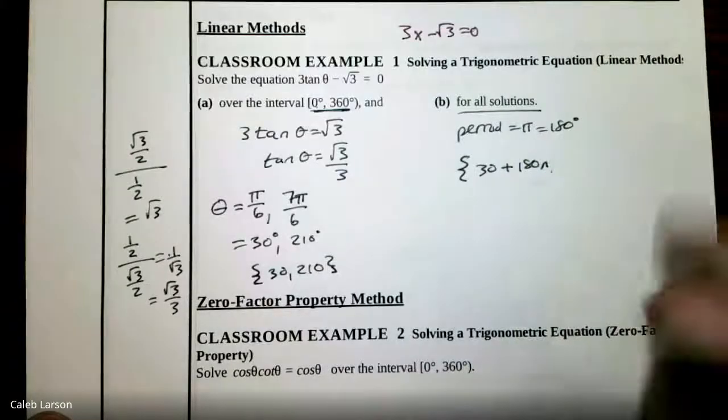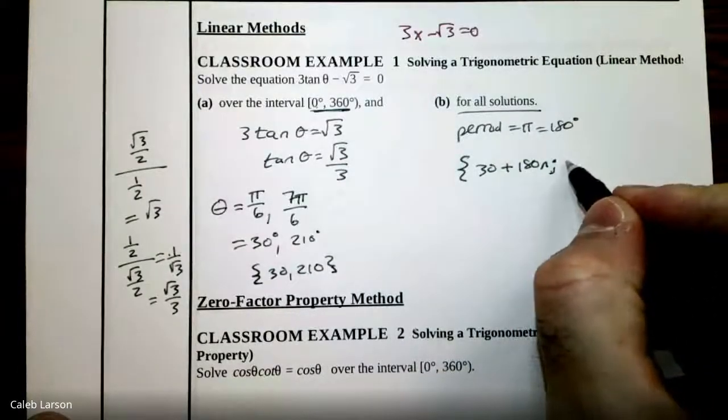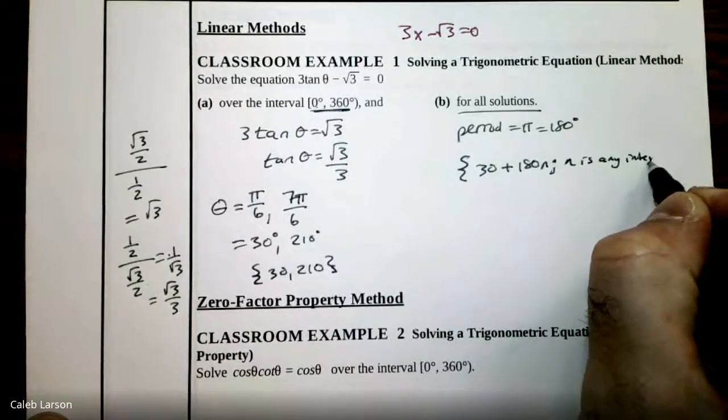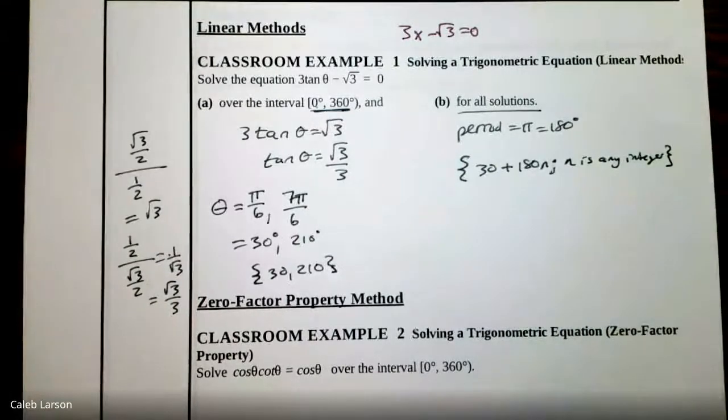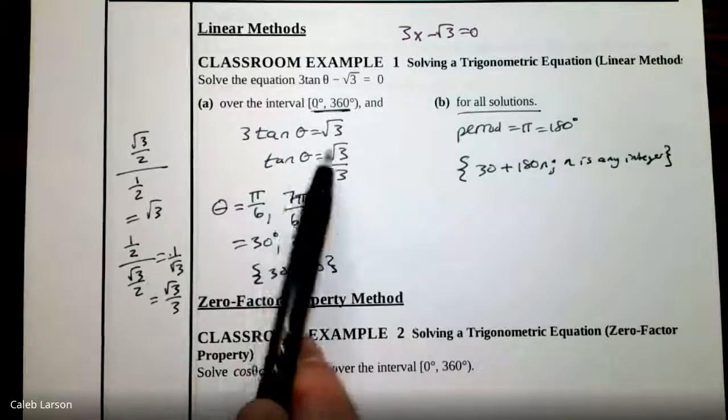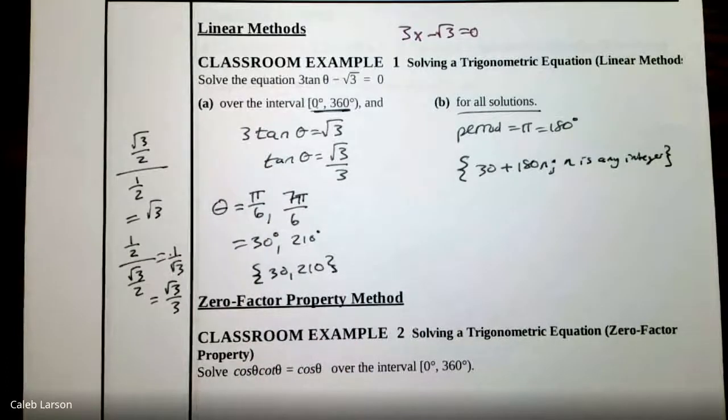It's good practice to write a little semicolon, n is any integer, just to describe what n actually is, so we're not just blindly writing variables, right? That will give us all the values for this equation. Okay, so essentially you're going to get the tangent portion alone, use what we did before to figure out what theta would actually be, and then you have to think a little bit about what this means for our equation.